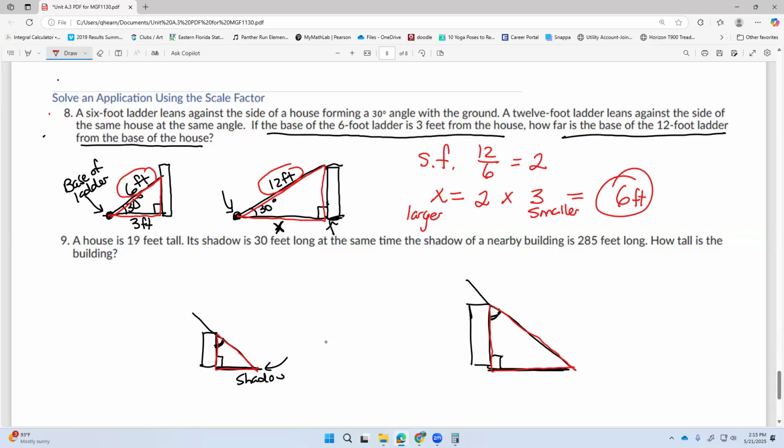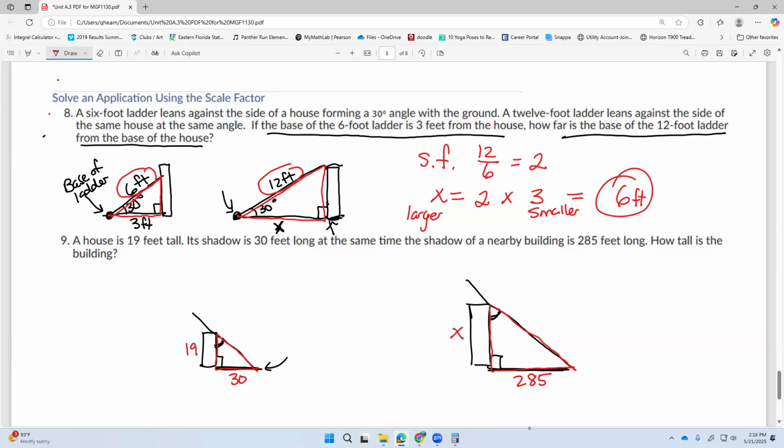Let's put in the dimensions now. We know that the house is 19 feet tall, and we know that the shadow that is formed on the house is 30 feet long. In the case of the other diagram, we know the shadow is 285 feet long, and they're asking us how big is the building.